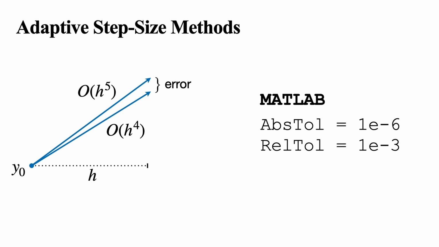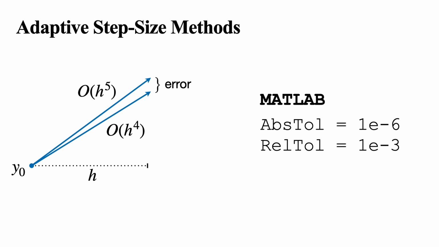Now in MATLAB, we have 2 error tolerance parameters that we use to specify the tolerances for these solvers. One is the absolute tolerance, which is, as you'd expect, the absolute value of the difference between these two estimates. The relative tolerance is the same difference but scaled by the magnitude of the state vector y0.